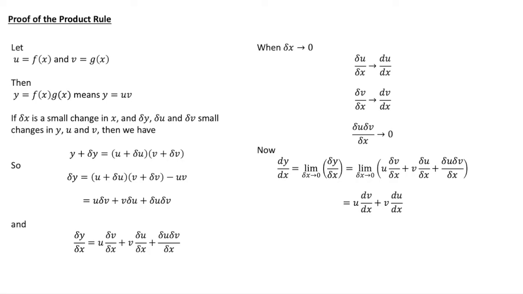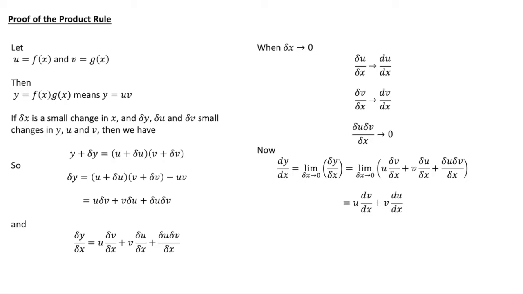And we can split those up. So if we look above, we have those delta u over delta x tending to du by dx, and what that means is the limit as delta x tends to 0 of delta u over delta x is du by dx.